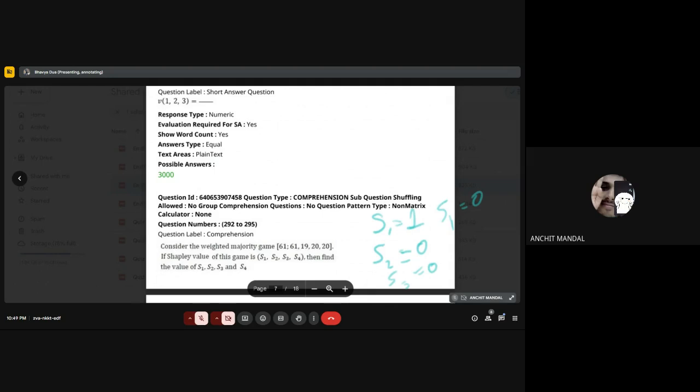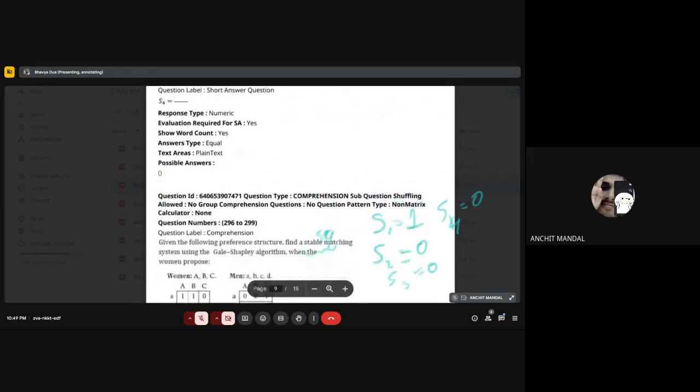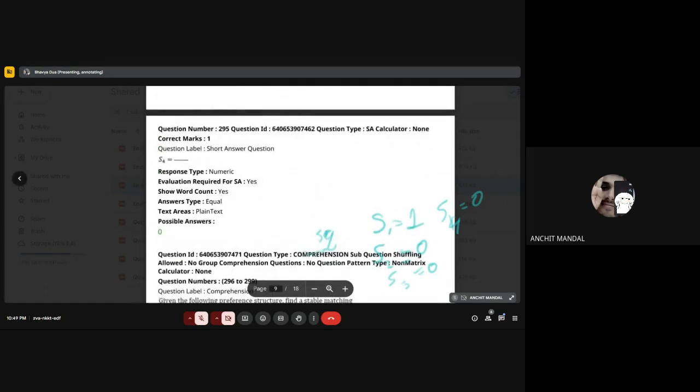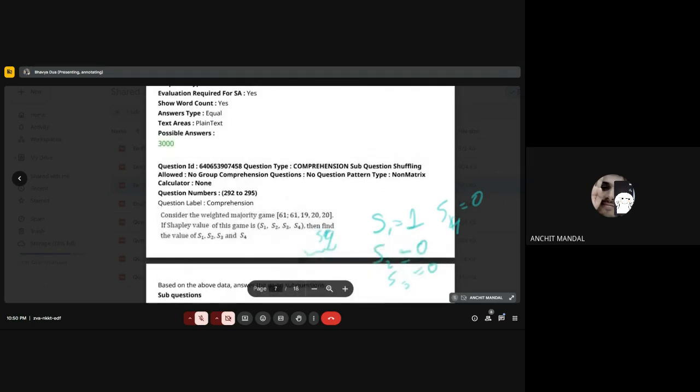And the reason why all others are 0 is because without 1, even if all of them come together, 39 plus 20 is 59, they still cannot complete the quorum. They need 1. And so the value brought by every other player to the table is 0. All of them are null and 1 is dictator. So even if they were like 60, they would still be 0, right? You will only get a Shapley value that is non-zero if these sum up to 61.